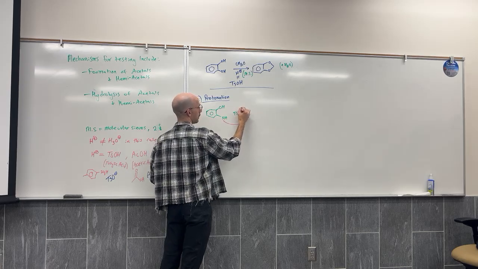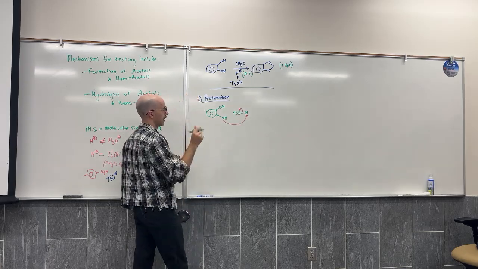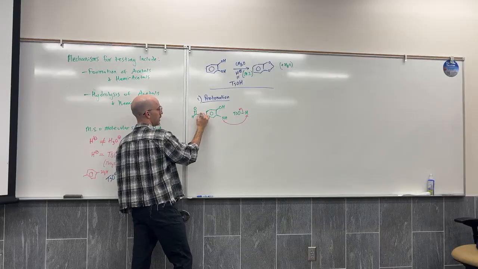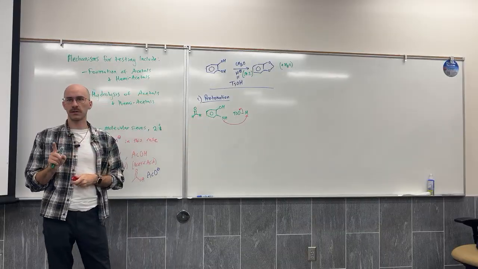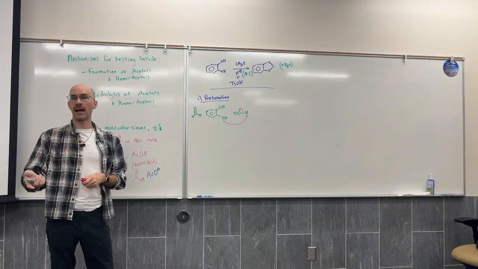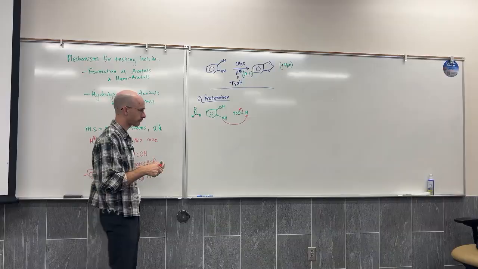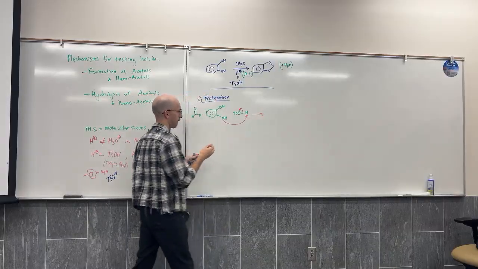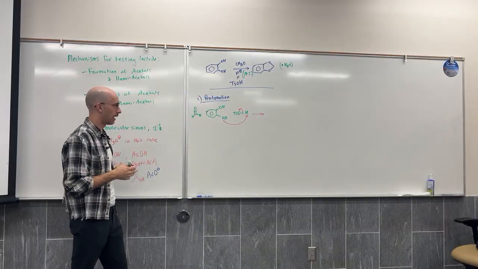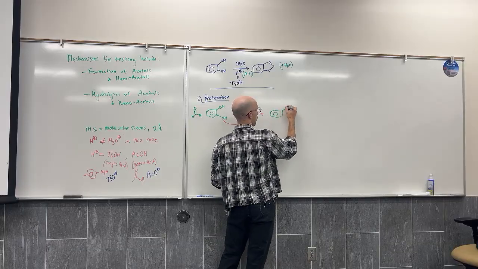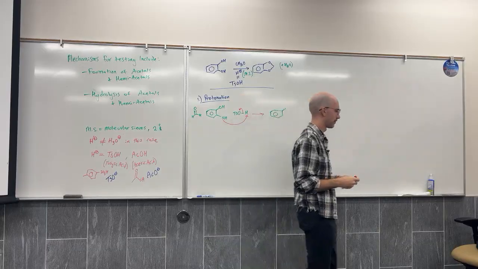I like to draw each reagent at each step, even if that reagent doesn't have a step. You don't have to, but I'm going to draw in formaldehyde for that reason here. The alcohols act as bases. No, they don't. I'm sorry.